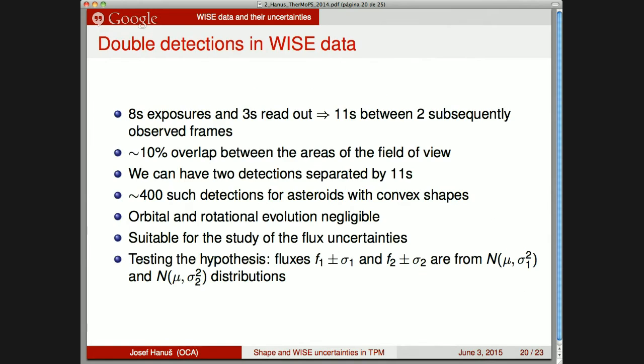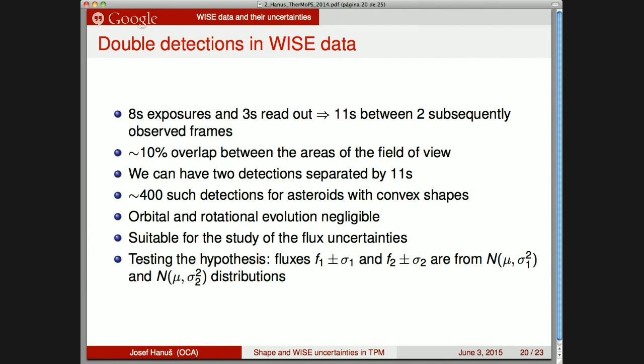So that was the part about the investigation of the uncertainty of the shape model, and now just briefly about how we played with the WISE data. We basically used the properties of the survey, because the exposure time of the WISE observations was 8 seconds, and 3 seconds for the readout.